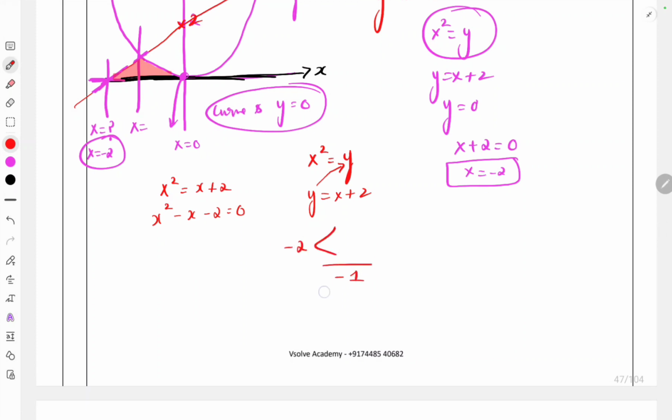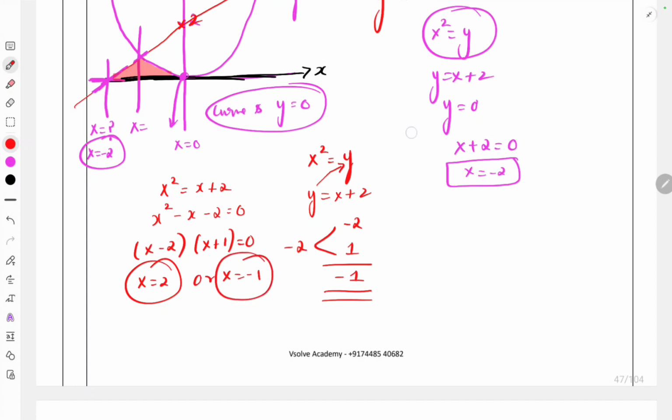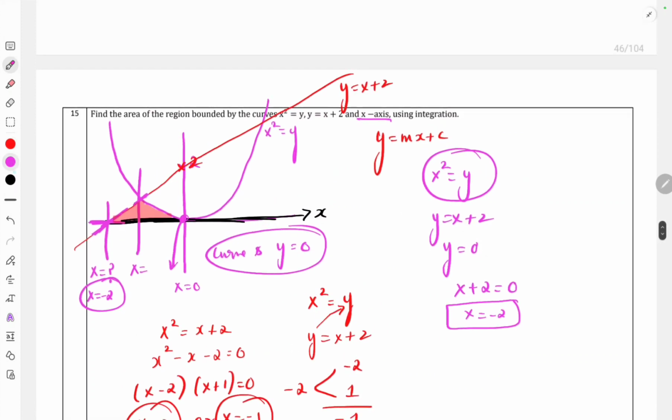So I can take minus 2 and 1. So x minus 2 into x plus 1 equal to 0. So x equal to 2 or x equal to minus 1. So at 2 points it intersects. The x coordinate will be negative here, which means this will be minus 1, and here it will be x equal to 2. But no need to find this part because we need just this region. This region only we have to find.